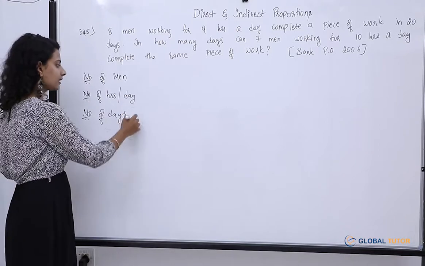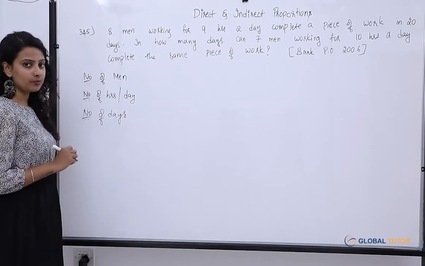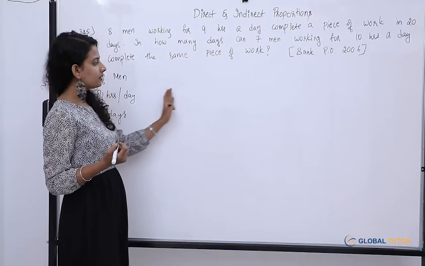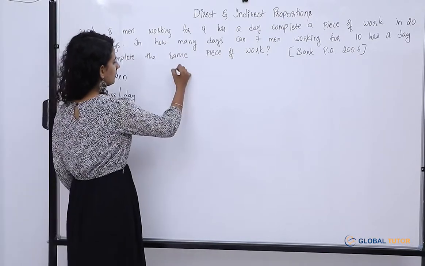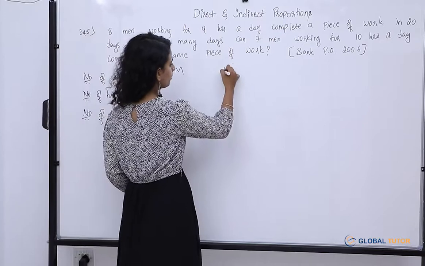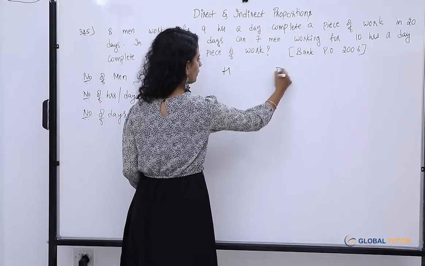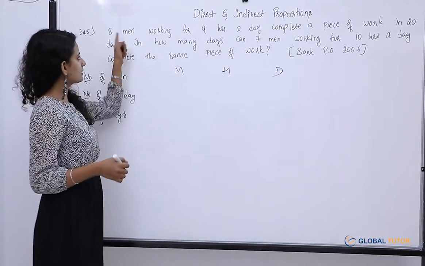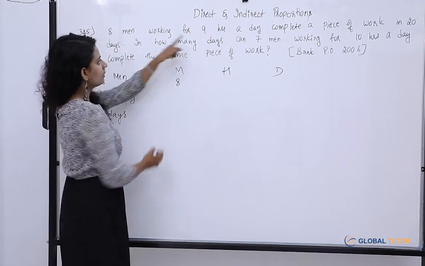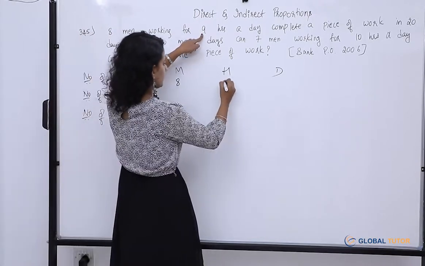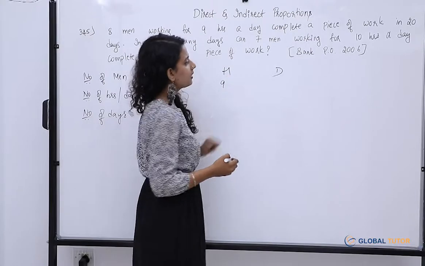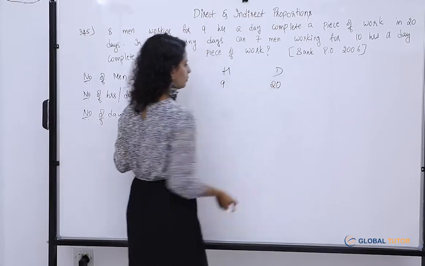So even in this case, it will be indirect proportion. Let us write the parameters in column. Number of men, number of hours and number of days. In the first statement it's given there are 8 men. For 9 hours per day they work and then it takes 20 days to complete the work.